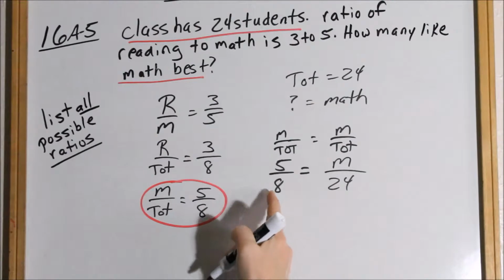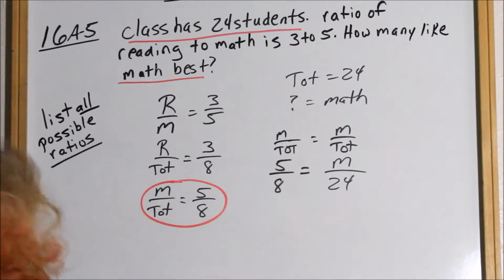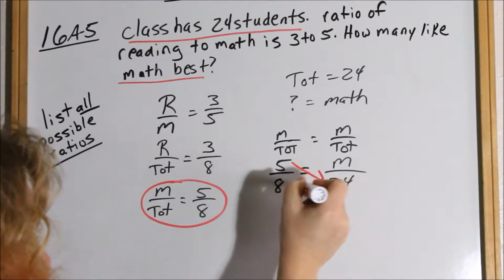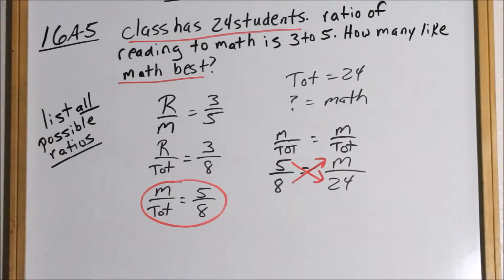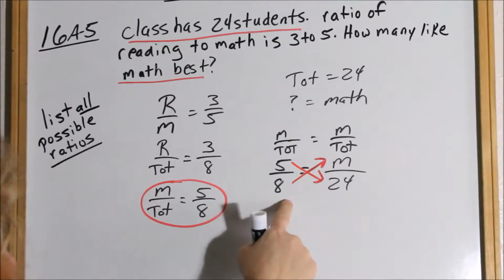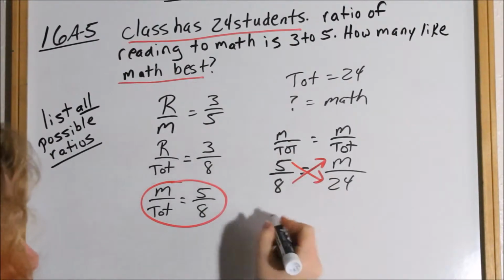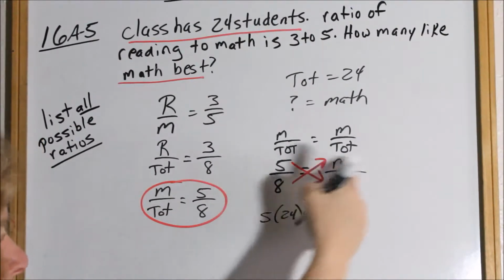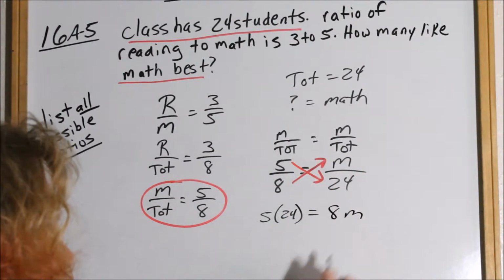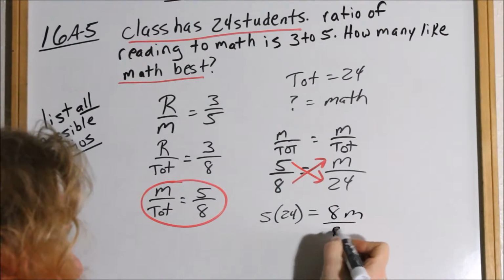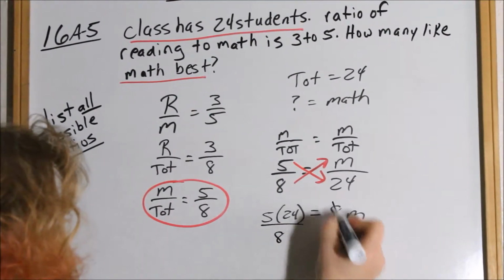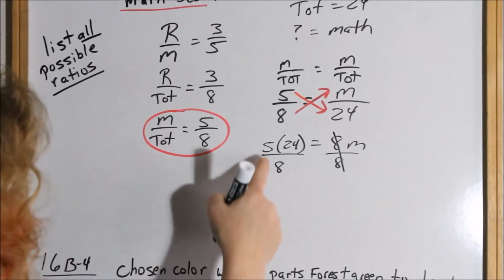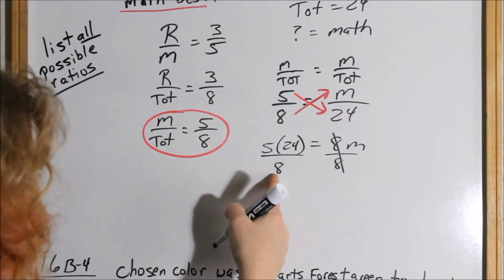So whenever you have a fraction set equal to a fraction, the way we can solve that is cross multiply. Okay? Anytime you have a fraction set equal to a fraction, you can cross multiply. So here we can say 5 times 24 on one side of the equal sign equals 8 times M. Then you can divide both sides by 8 to solve for M. So M is going to equal 5 times 24, then divided by 8.